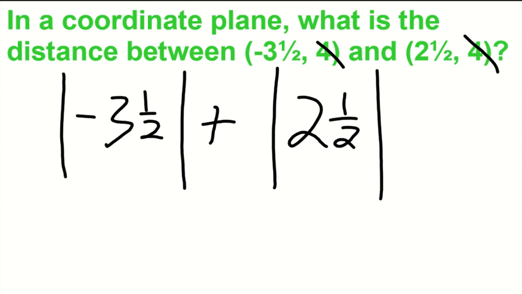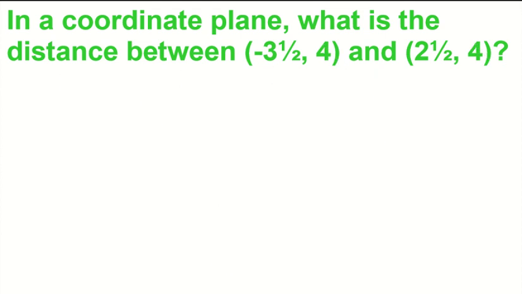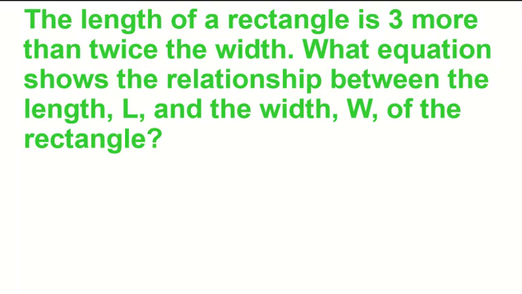Half plus half is 1, so that makes 6, like she said. You could also change them to improper fractions and do the addition that way. That would obviously work too. Any questions on that one? Just like I said, I wanted to show distance is different. It's not following the same rules as negatives.